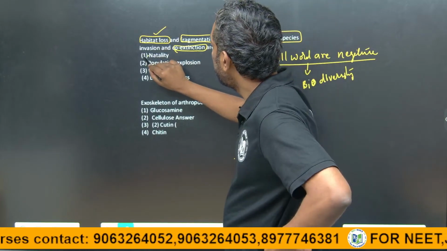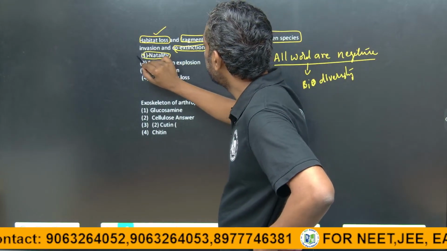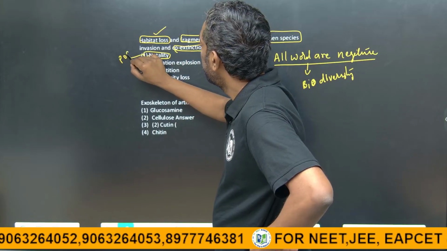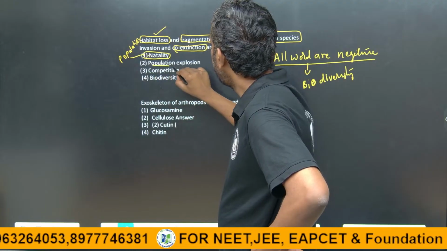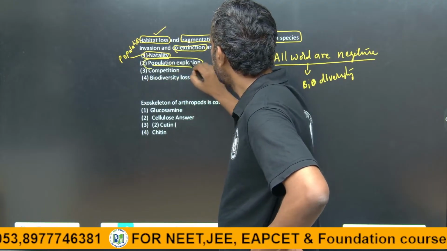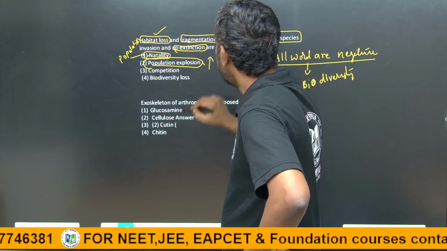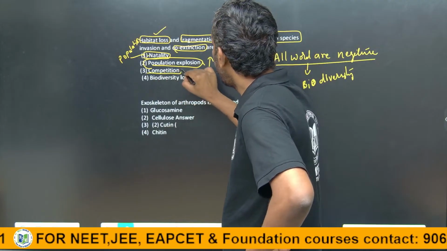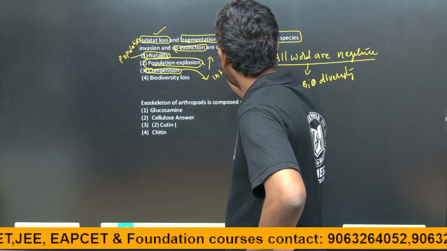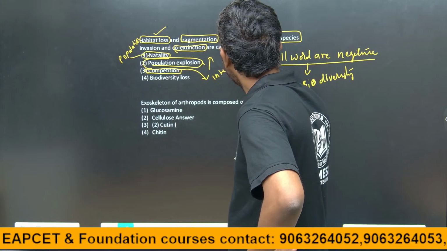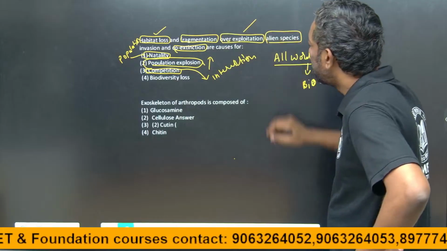Natality is population interaction. This topic is population. And population explosion is an increase in the population level. Competition is population interaction. So, just look into this, the over exploitation.